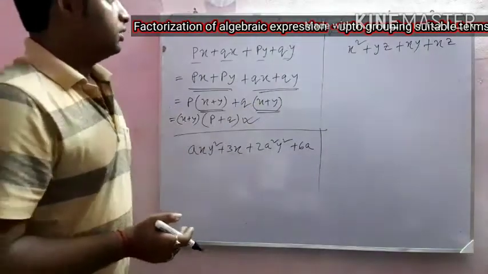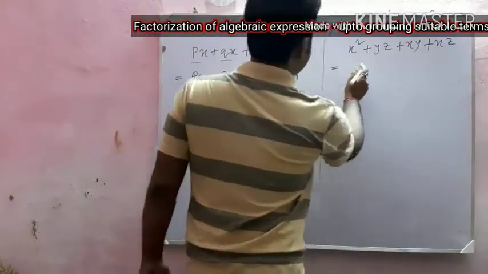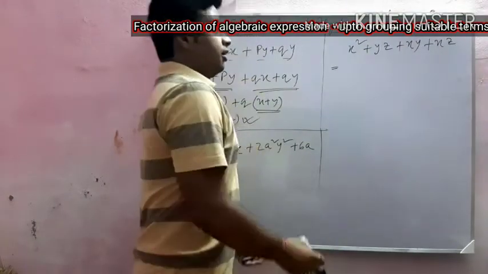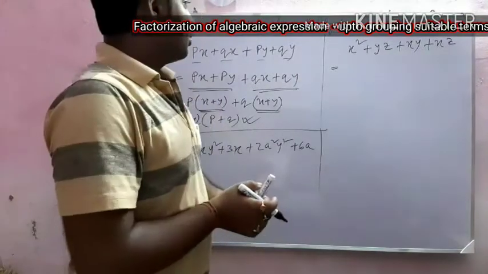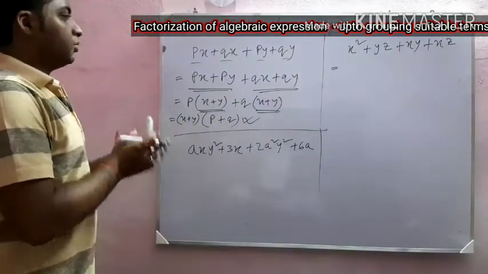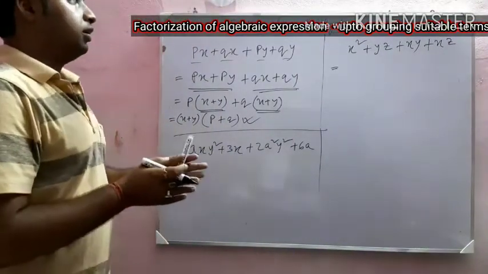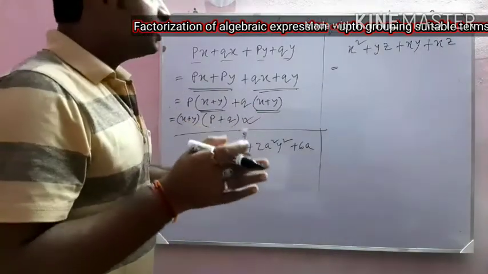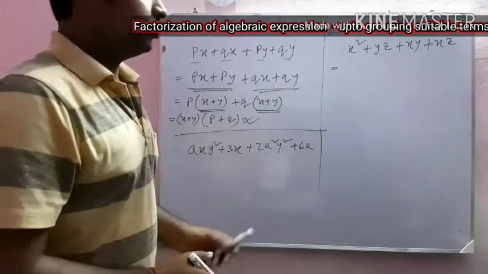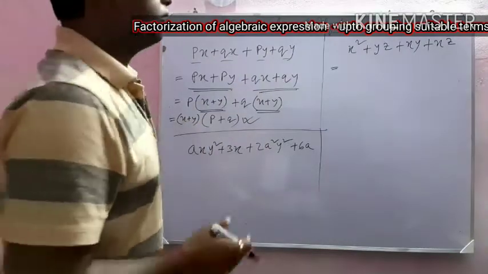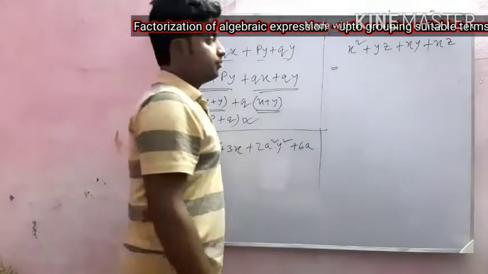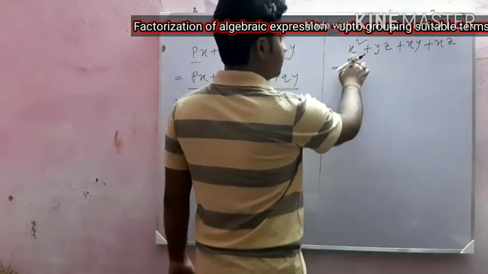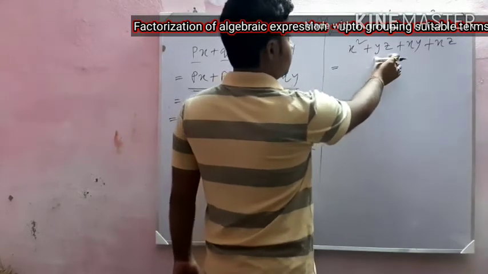Okay. The next question. Here also you need to regroup the terms, and one more thing, you need to practice these problems at home so that you can easily build the image in your mind of which terms should be taken side by side to form the groups, so that you can take the common. Here, I have x square here, yz here.